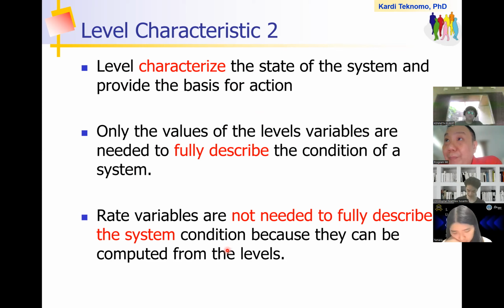Say, for example, oh, that person is rich. When we say that person is rich or clever, what are we referring to? We are not referring to the rate, isn't it? Yeah, the rate means the income or the spending, isn't it?